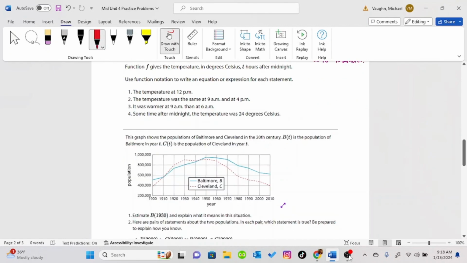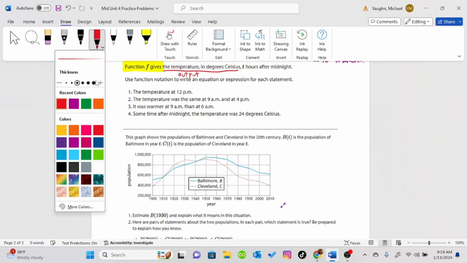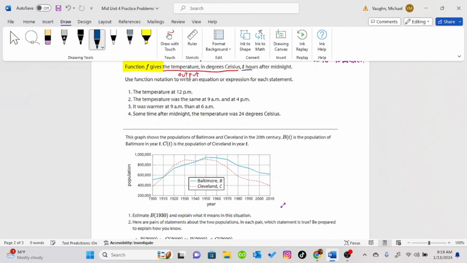Function f gives the temperature in degrees Celsius T hours after midnight. So remember, the function gives the output using the input.